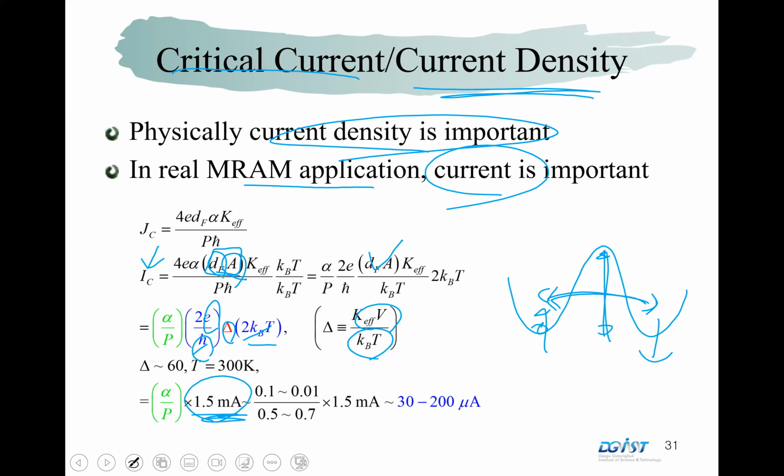So what can you do with the materials? We can make alpha as small as possible and the polarization as large as possible, but the typical value is somewhere here.